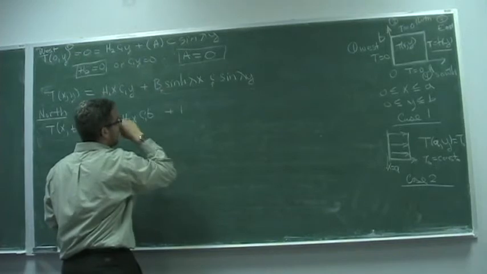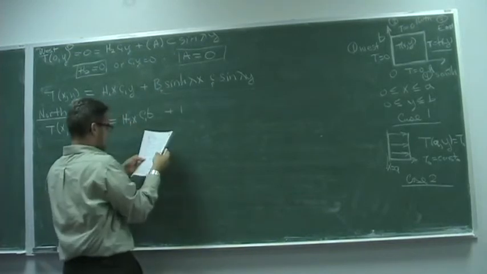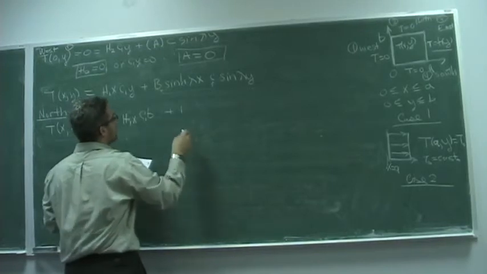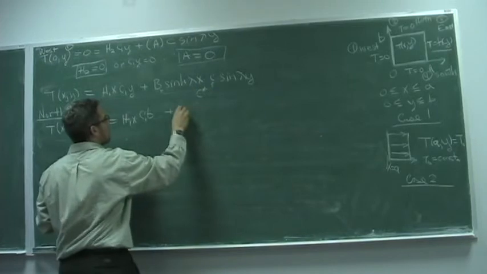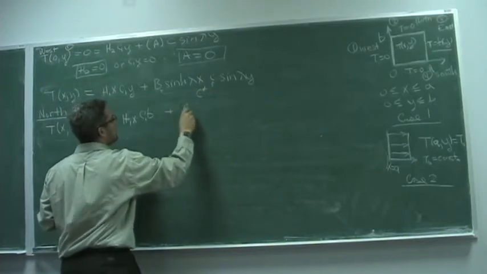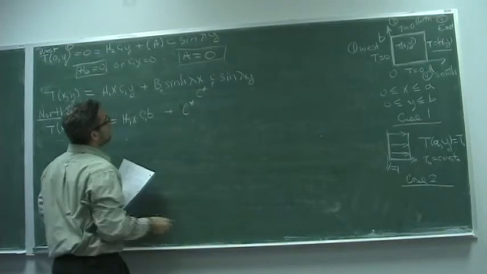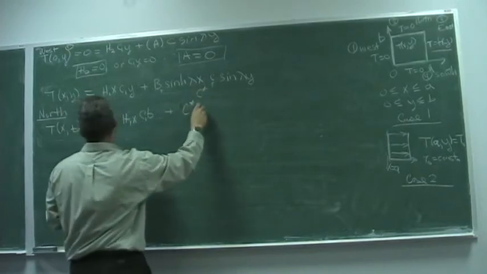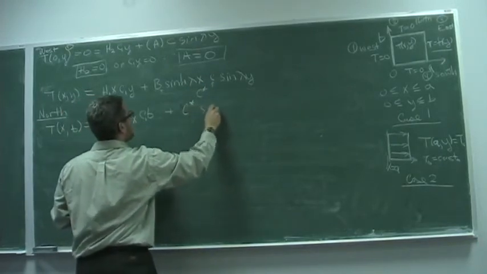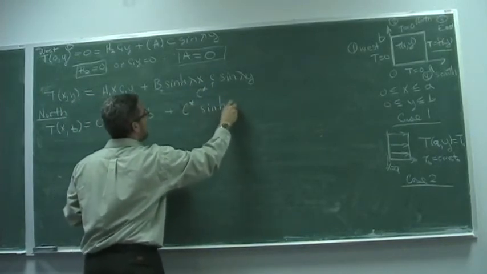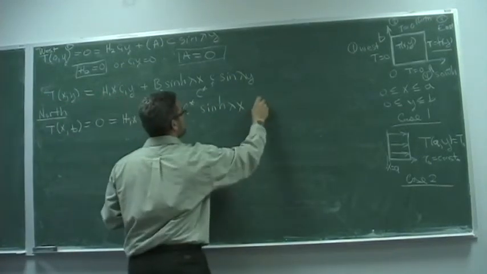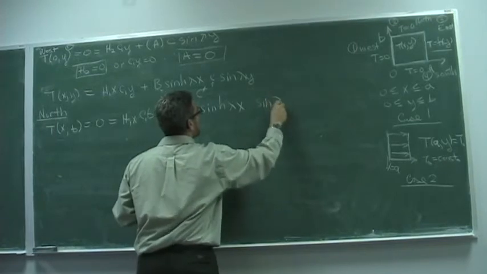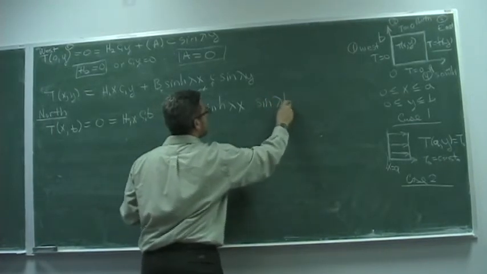Let's call this, to be consistent, we're going to call it C star, okay? So we'll call it C star. So we're going to call this C star times, combining those two constants, times sine hyperbolic lambda x, okay, times this term, which is sine lambda times b.